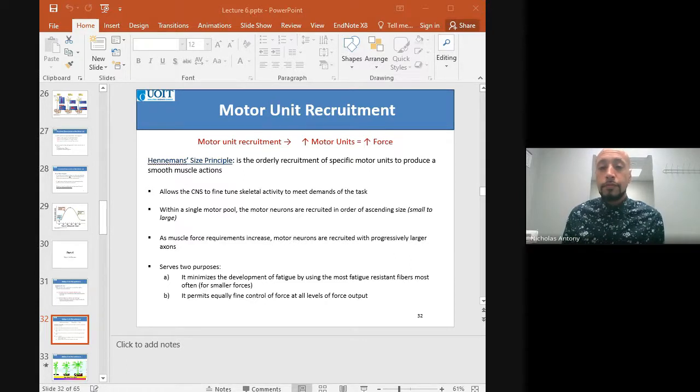Right. So let's say you want to do 1,000 reps of bench press. That means you're going to need to develop more muscle glycogen to have sugar in there, so that way you can keep using those fast twitch.